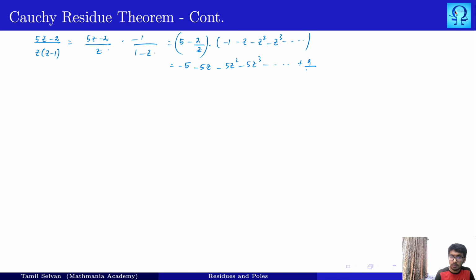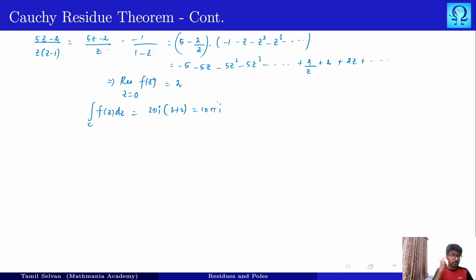Then plus 2 upon z, plus 2, then plus 2z plus, etc. So from here, residue of the function at z equals 0 is 2. Even here, integral over c of f of z dz is nothing but 2 pi i, and the residue values are 3 and 2. That gives us 10 pi i. We can use either of these techniques to calculate the residue value.